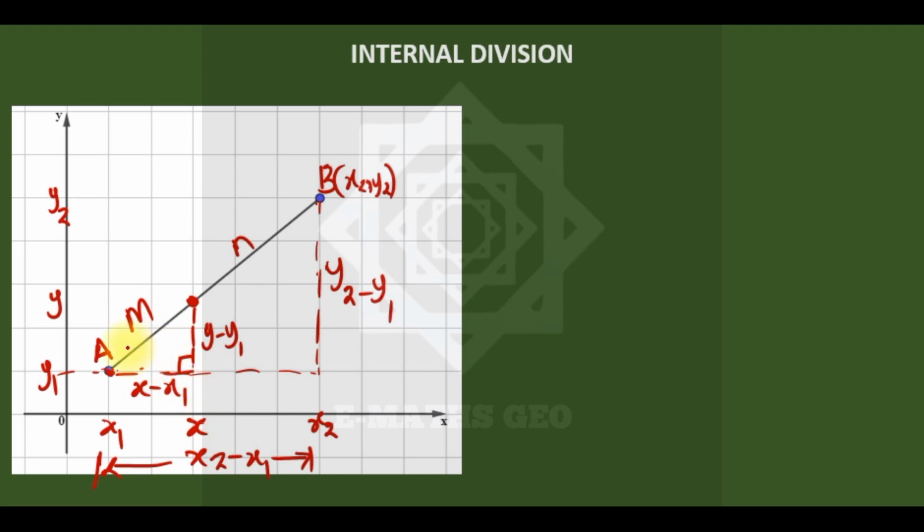As you can see, we have two similar triangles. Let's call here C, and here D, and here E. Triangle ADE is similar to triangle ABC by right triangle similarity theorem.